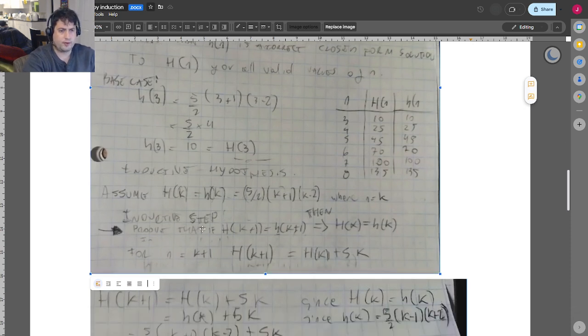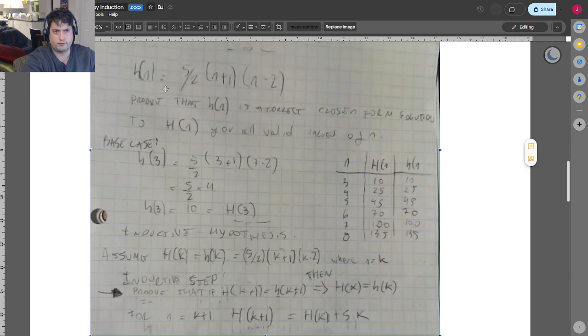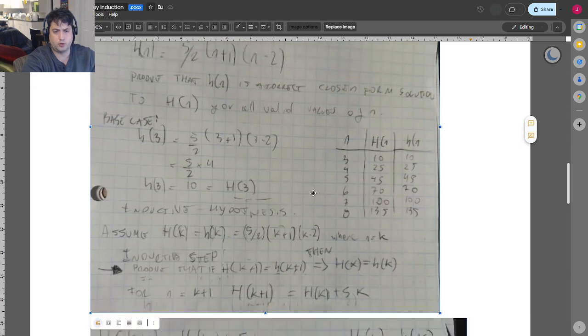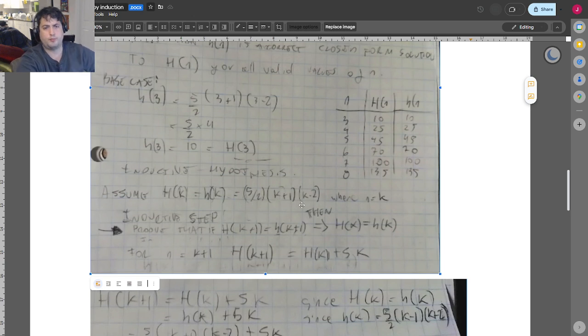Assuming that uppercase h of k is equal to lowercase h of k, the equation we were given, 5 over 2 times k times (k plus 1), here we're using n equals k, where k is an integer bigger than 3.